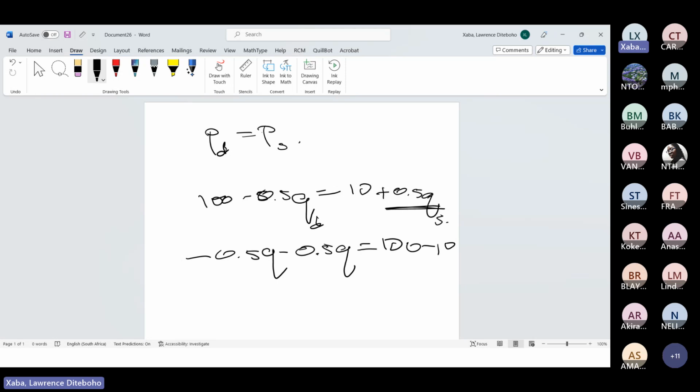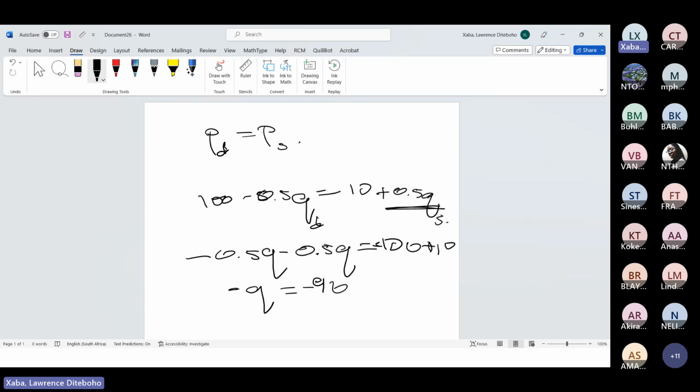But no, I think there's something wrong about it. Because now if you look at this, we ended up having Q this side. Then we have Q. We have negative Q equals negative 90.